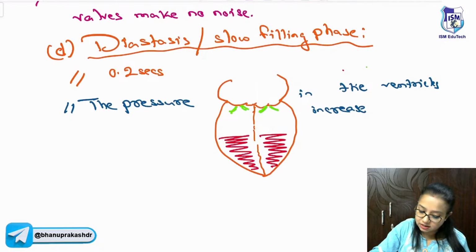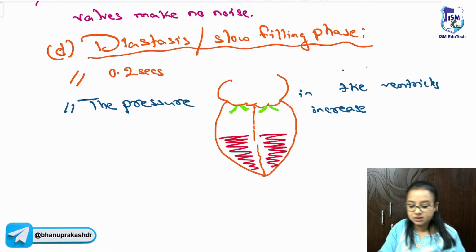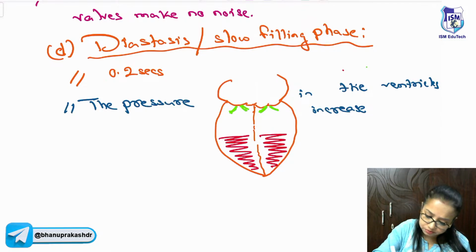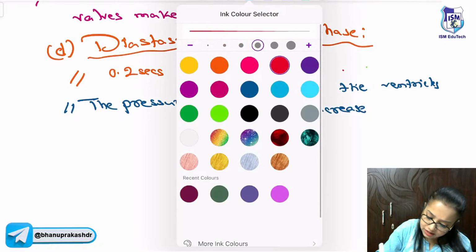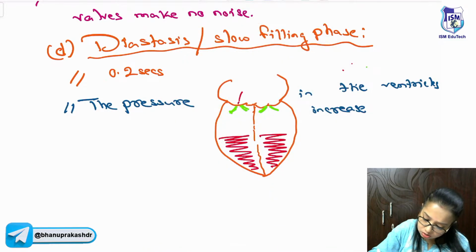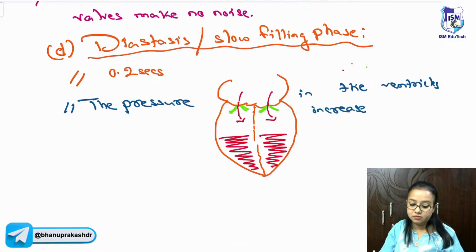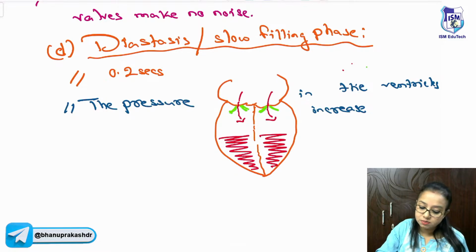They are not snapped shut yet, they are not closed yet, right? They are open. So there is very, very slow passage of blood from the atria to the ventricle, because most of the blood that was present in the atria has come to the ventricle.